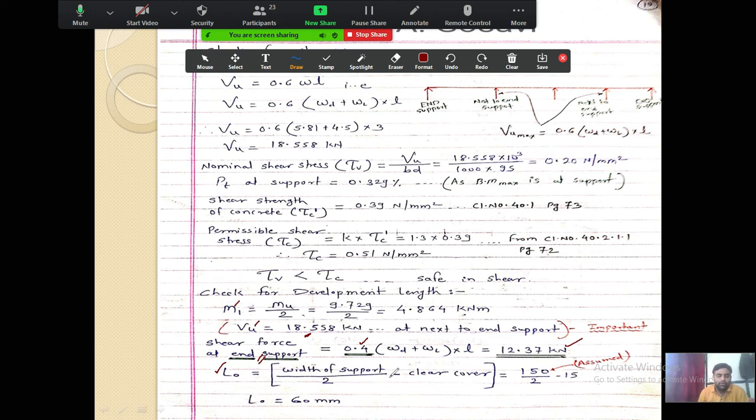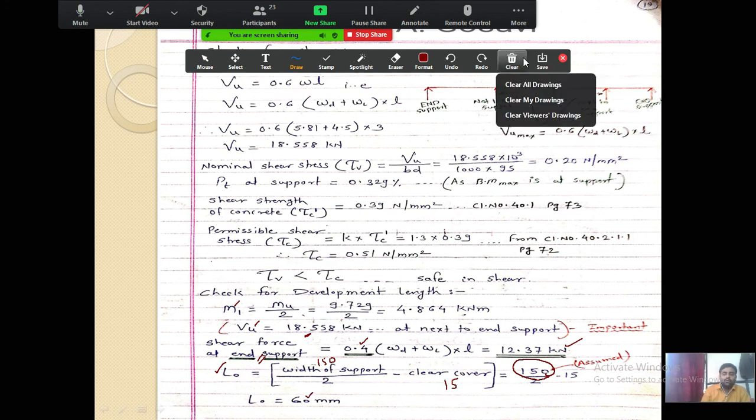So the width of support, which is an assumed value, is taken as 150. In the last problem we assumed width of support as 120. Now here the value is taken as 150. This is an assumed value, divided by 2 minus clear cover. Clear cover for slab we assume as 15 mm. So if you do this calculation, 150 by 2 is 75. 75 minus 15 is 60. So this is the value of L0.